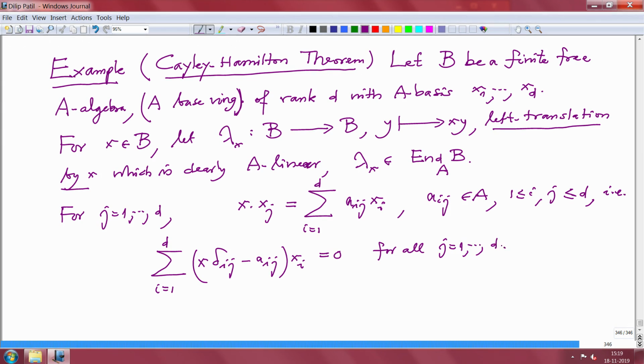But immediately, when you remember your linear algebra, this will imply, by Cramer's rule, I will write here Cramer's rule.